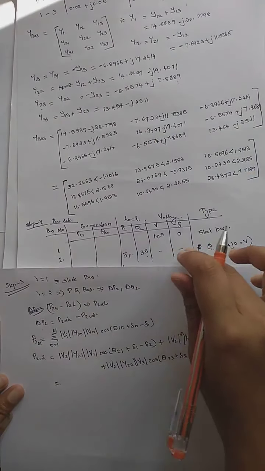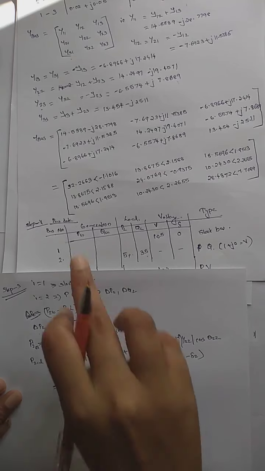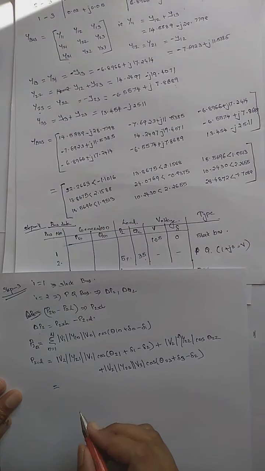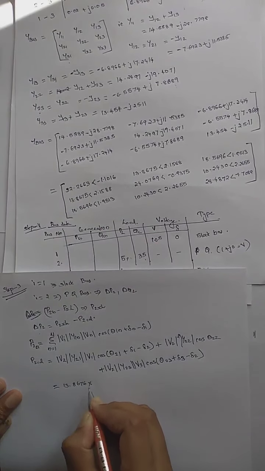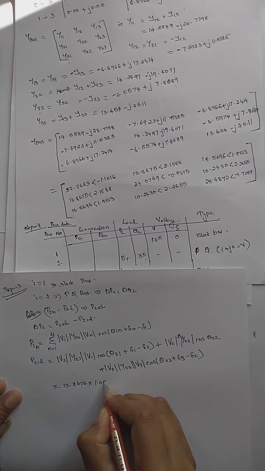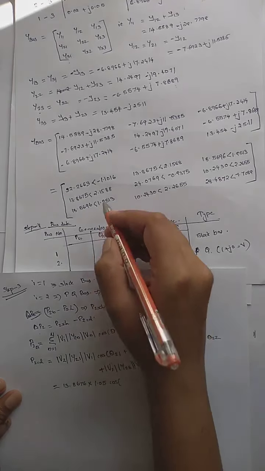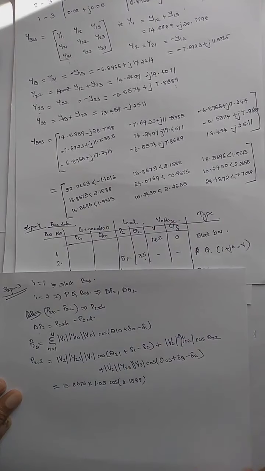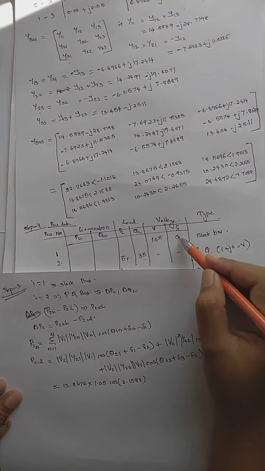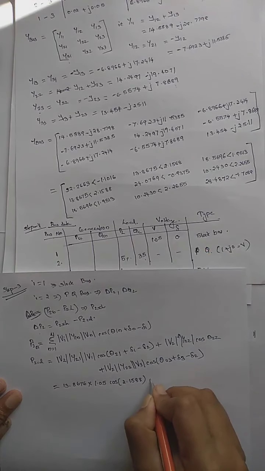We have to substitute the values in P2 calculated. What is V2? V2 value, I am assuming it as 1, so I am not writing it. What is Y21? Y21 is this value, isn't it? So 13.8676 into V1 is 1.05 into cos theta 21. What is theta 21? That is 2.1588. Delta 1 and delta 2 values we are assuming are 0, so no need of doing this.